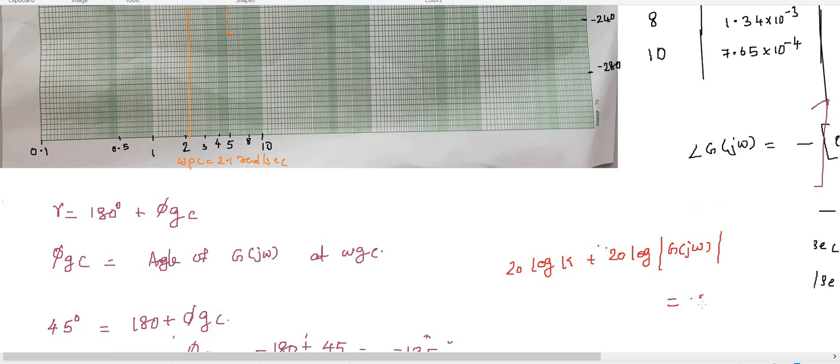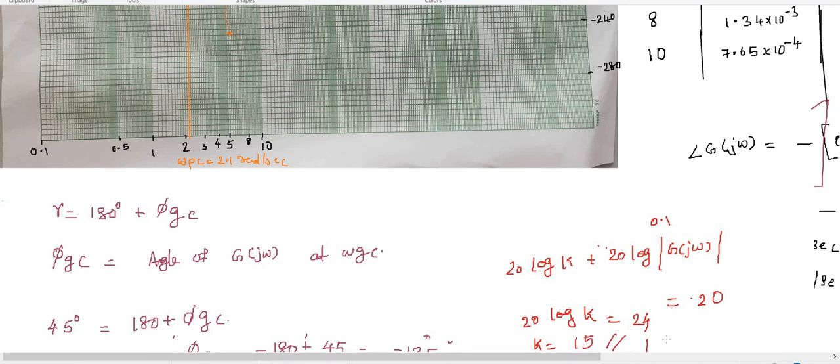That value will be approximately minus 24. So 20 log k is equal to 24, and k is equal to the antilog of 24 by 20, that is equal to 15.